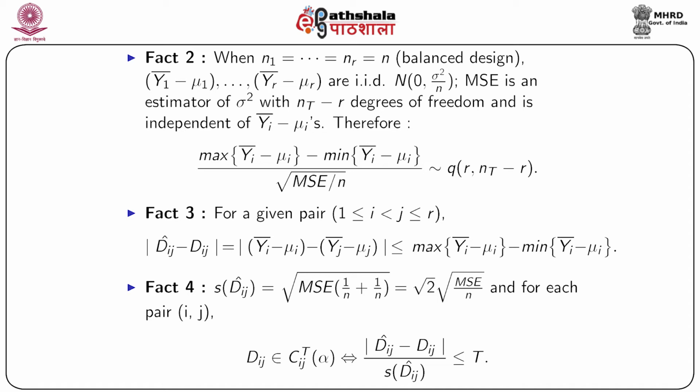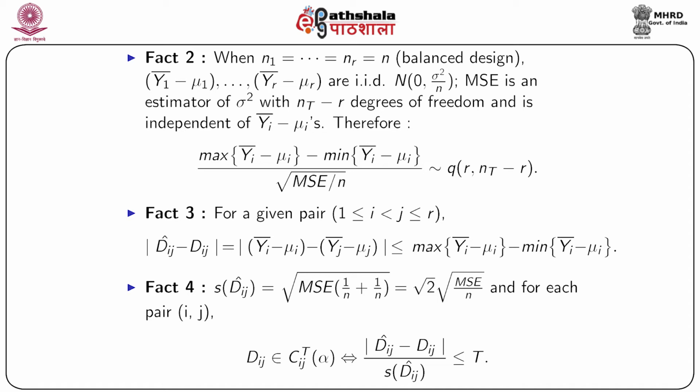Therefore, we have the maximum of yi bar minus mu i minus the minimum of yi bar minus mu i, which is the range, divided by the square root of mean square error over n, follows a studentized range distribution Q with degrees of freedom r and nt minus r.